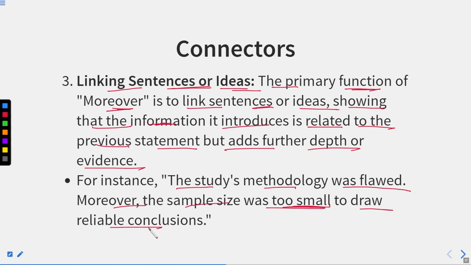So we are adding something negating the study's methodology, which was flawed. Now we are proving that in another statement, or maybe saying some more drawbacks about it: that the sample size was too small to draw reliable conclusions. It means the samples were very small, by which we cannot draw reliable conclusions.